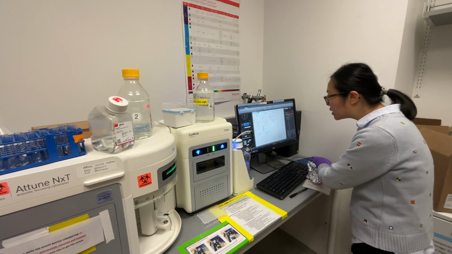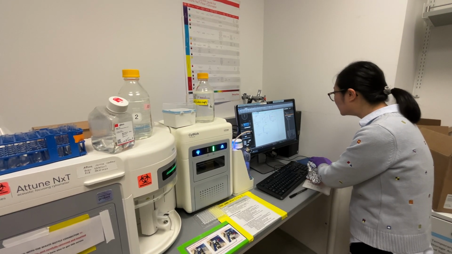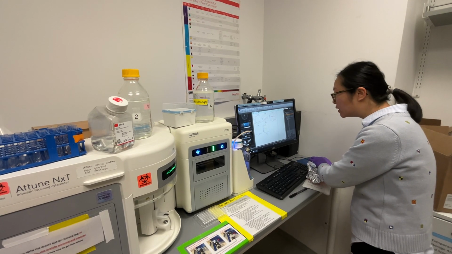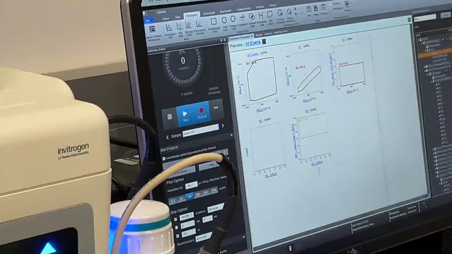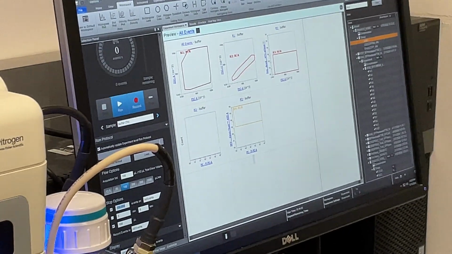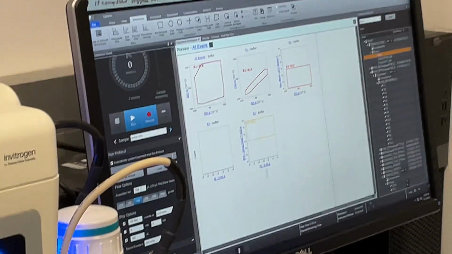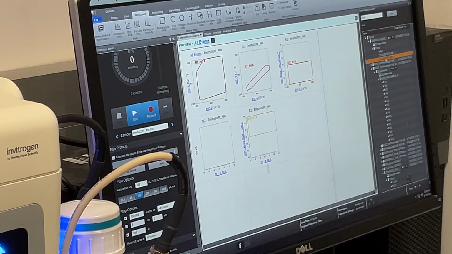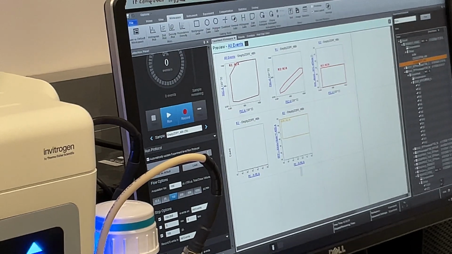Microliter at one time. So now I'm gonna do the empty first, like the control.